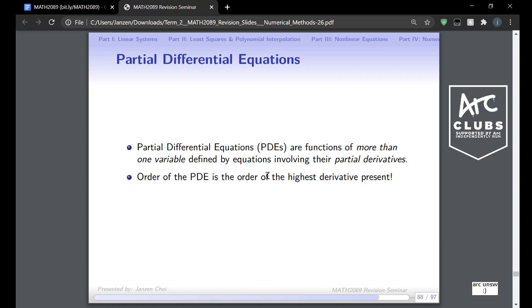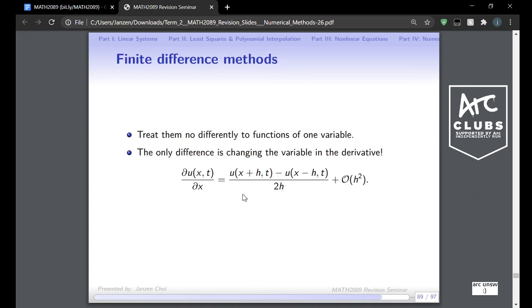For MATH2089, the highest PDE that you will probably come across will be order 2, with a maximum of 2 variables, so it shouldn't be too complex. To approximate the partial derivatives, you can employ the finite difference methods, namely the forward, backward, and central difference approximation methods.